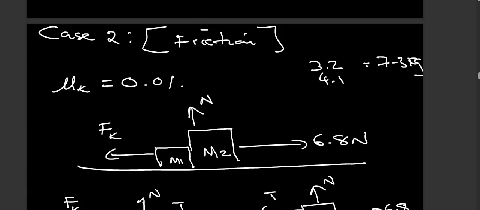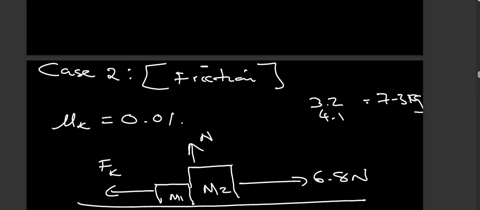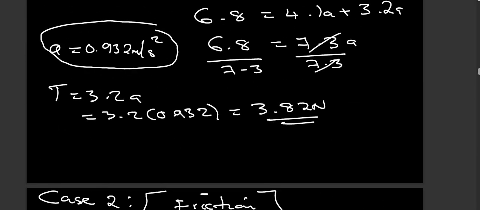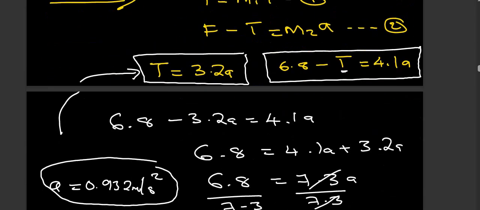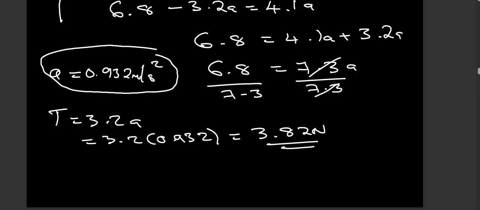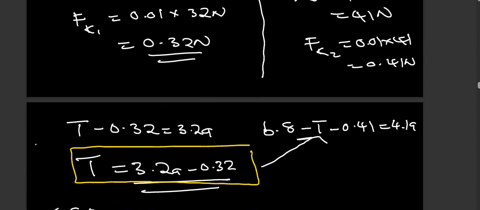Initially, when there was no friction, what did we get for acceleration? I think we got 0.932. Then here, what are we getting? Okay, yeah, the difference is minor, but it's still significant.